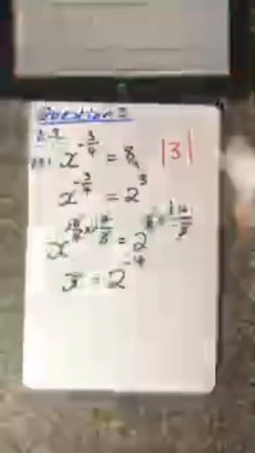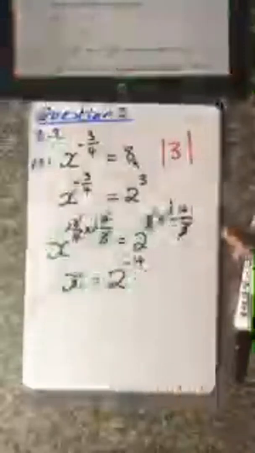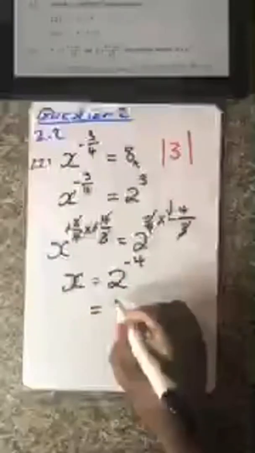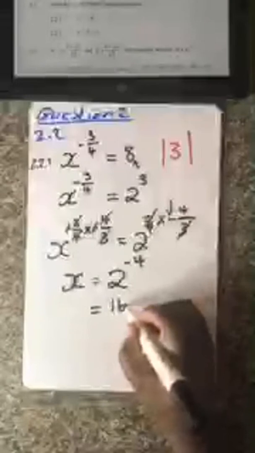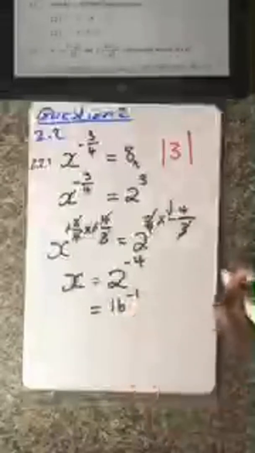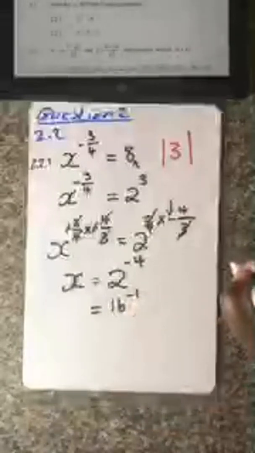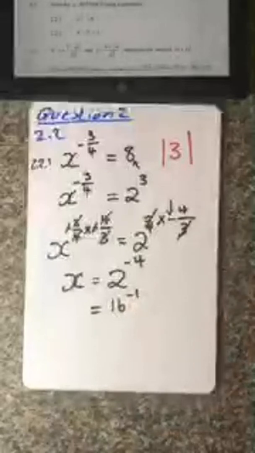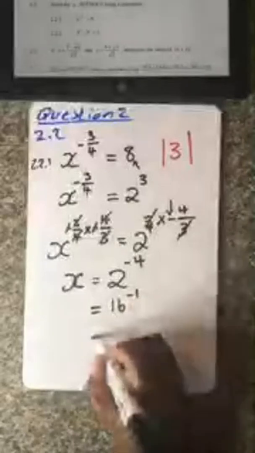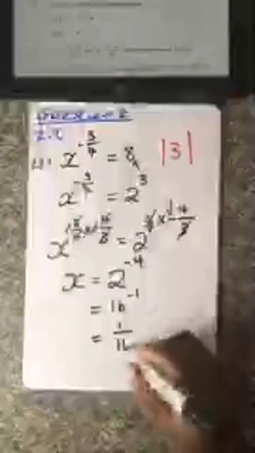If you are that bright, by heart you know that 2 to the exponent 4 is 16 to the exponent negative 1. This is the same as 1 over 16.